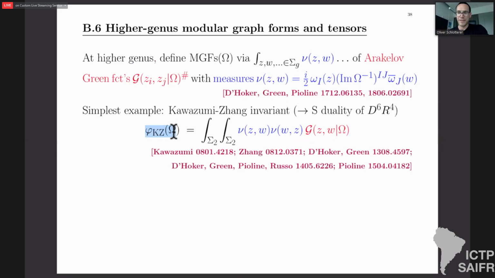And there is some work by Green and van Hoof where they worked out all the perturbative terms of this S-duality invariant. Okay, I didn't realize that in these cases you can actually carry out this integral.